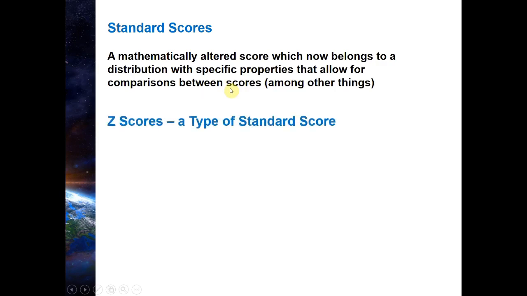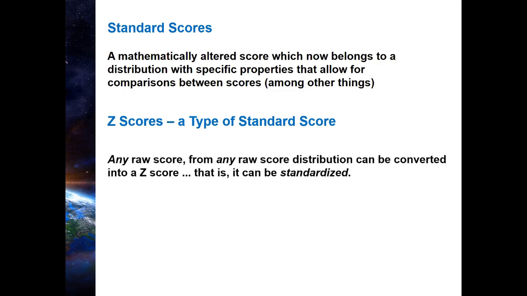All right. So, as I've said, the z-score is one specific type of standard score. You can take any raw score from any raw score distribution and convert it to a z-score. Any raw score in the universe and beyond, past, present, and future, can be standardized into a z-score.